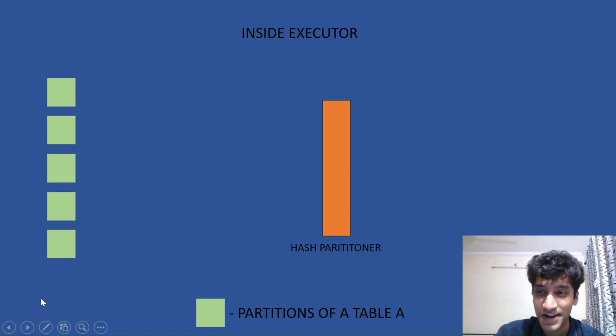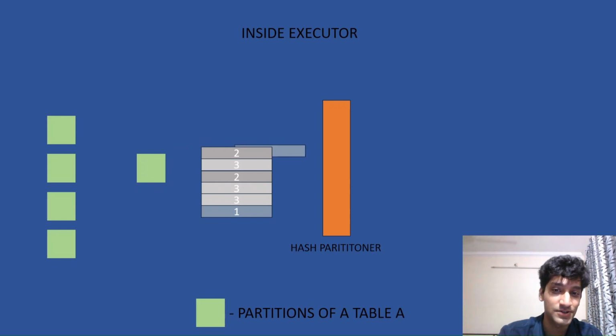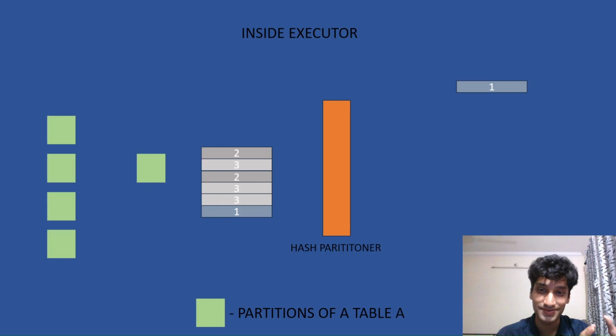On the left hand side, we have the partitions of table A, and every single partition will have these records. This is basically our ID column, which is having values 1, 2, and 3. When the record comes to this hash partitioner, it will create a hash value. Based on this hash value, it will put this record into a partition. So the records which have the same hash value will go to the same partition.